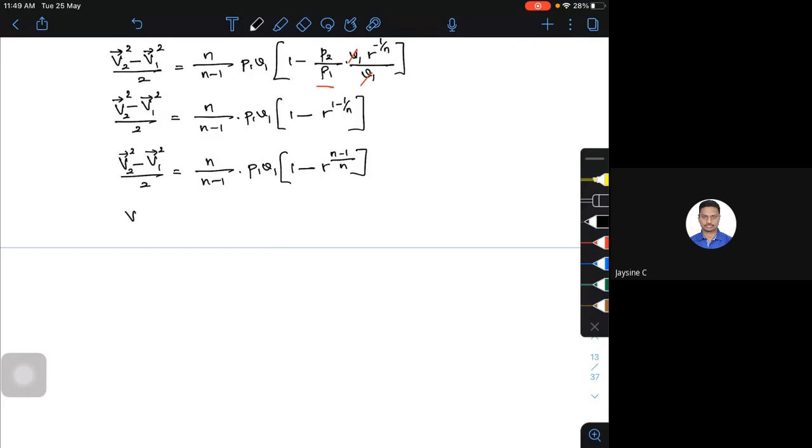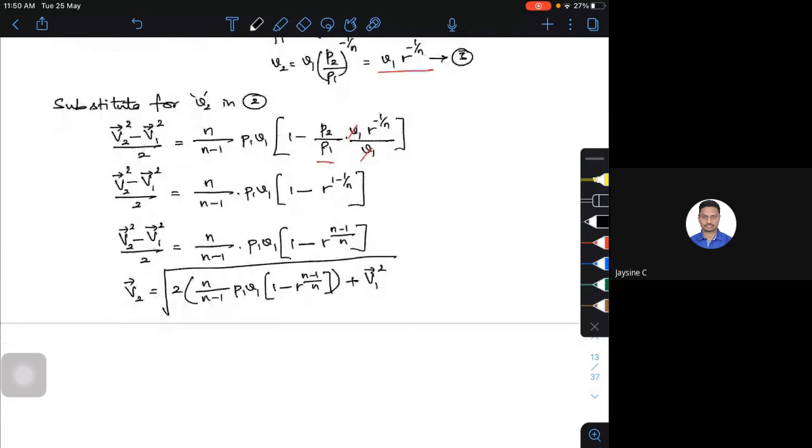If I take 2 to the right hand side, V2 square will be equal to 2 into n by n minus 1 into P1 V1 into 1 minus R to the power of n minus 1 by n, plus V1 square, since minus becomes plus. I want V2 only, so I will take the square root of it. So V2 is equal to the square root of 2 into n by n minus 1 into P1 V1 into 1 minus R to the power of n minus 1 by n plus V1 square.